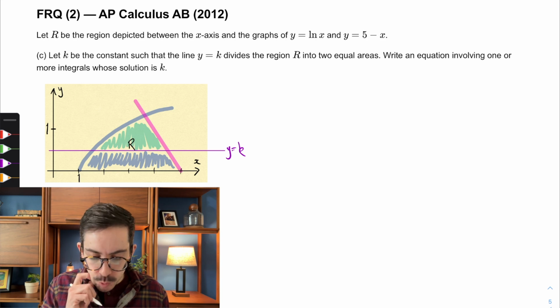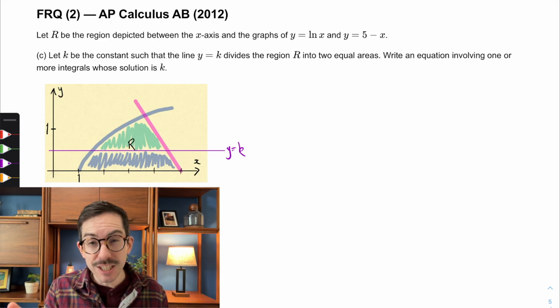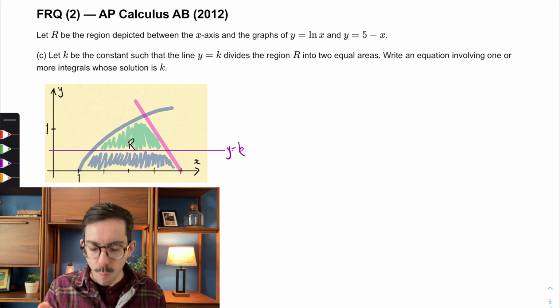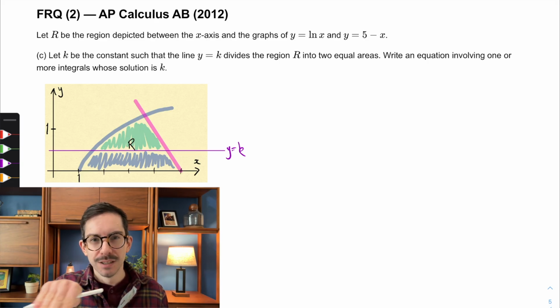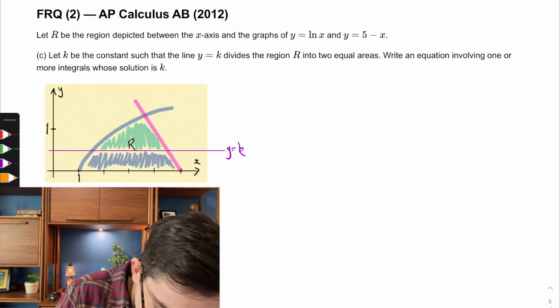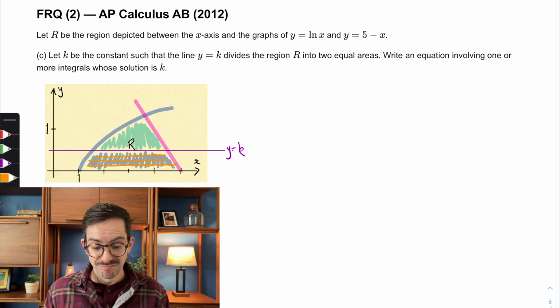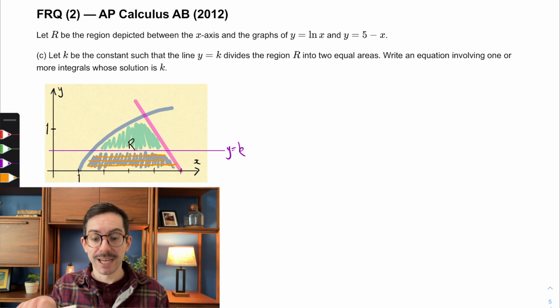So conceptually, we need to think about how we can split up the region R into these two halves using integrals. Well, I'm taking a slice with that line horizontally, right? So if I want to calculate this area down here cleanly, parallel to that cut line y equals k, I can use horizontal skinny rectangles.